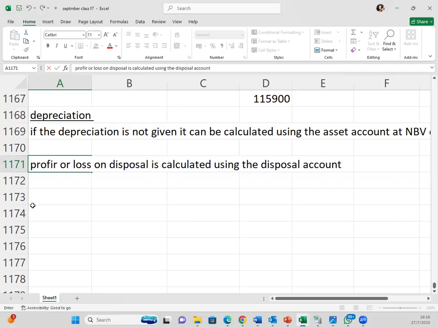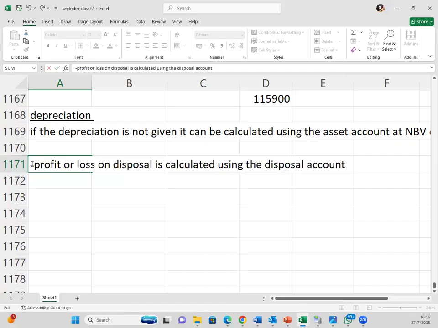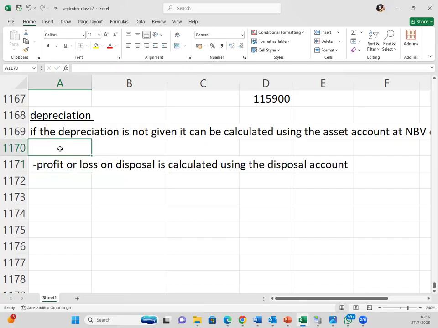The profit or loss on disposal, you need to open the disposal account. So the disposal account is what will help you to figure out whether there is a profit or a loss on disposal. In most cases, you might not be given the profit or loss on disposal, so it's up to you to figure out from the information that you're given how to come up with the profit or loss on disposal.